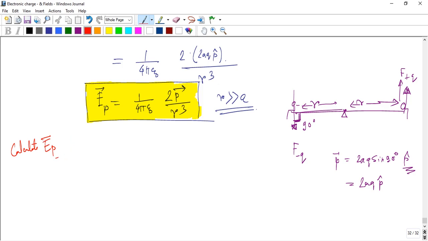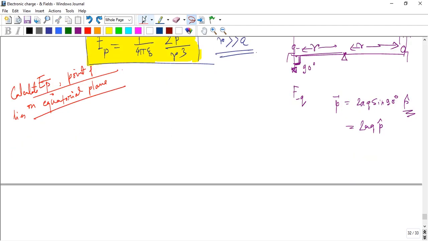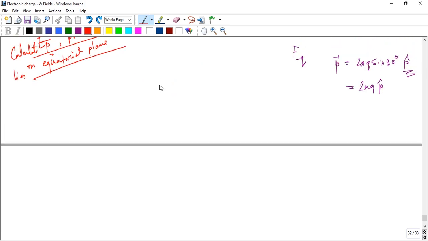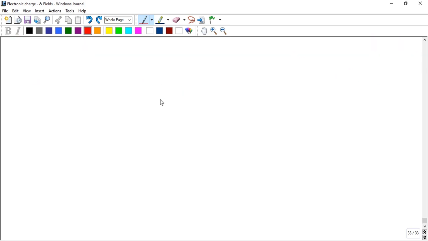The point P lies on the plane. So first we try to draw a diagram. Very easy. We need a clean diagram.